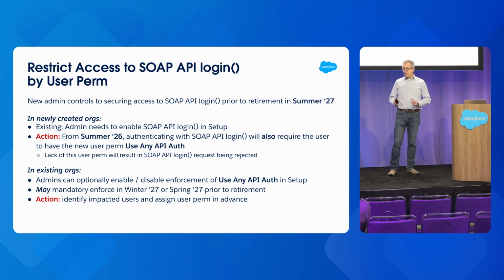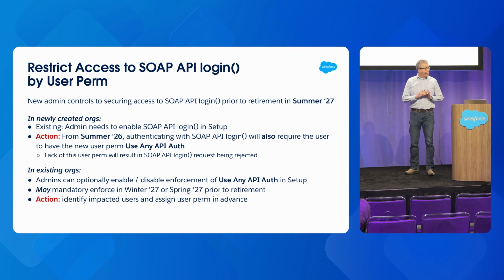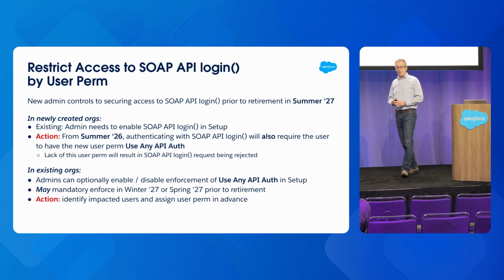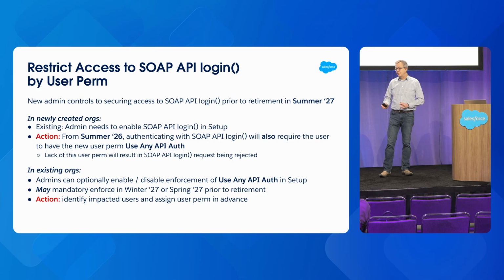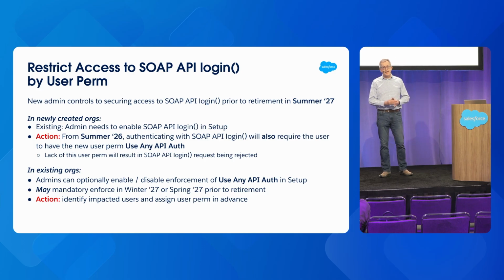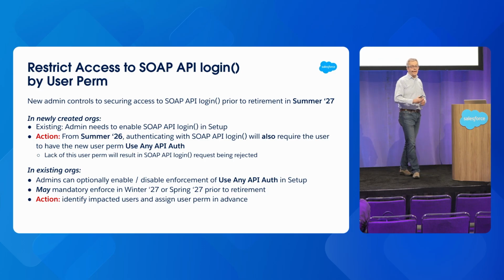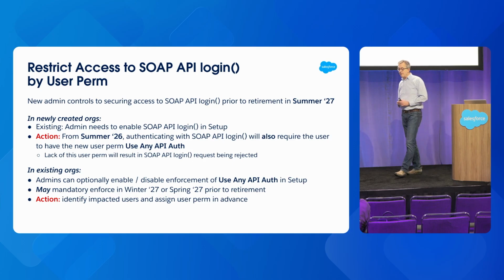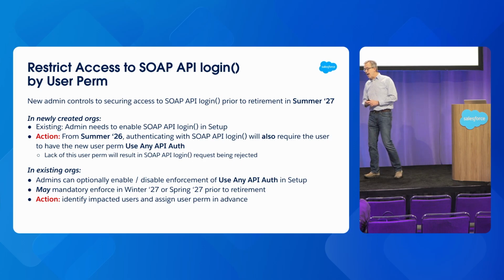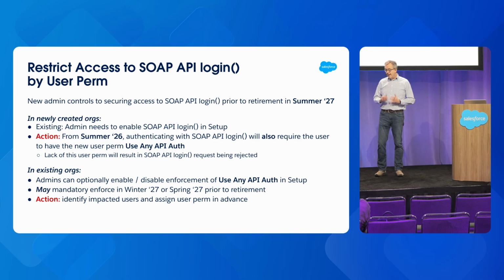But once they have done that, for specific users to authenticate using SOAP API login, they have to be given a new user perm. If those users are using an application that is authenticating using SOAP API login, those users have to be given this new user perm, use any API auth. If they don't have that user perm, then their request to authenticate using SOAP API login will fail.